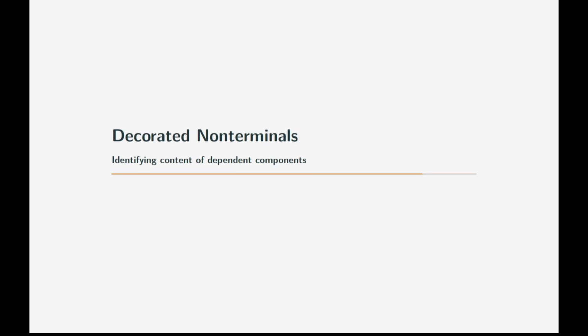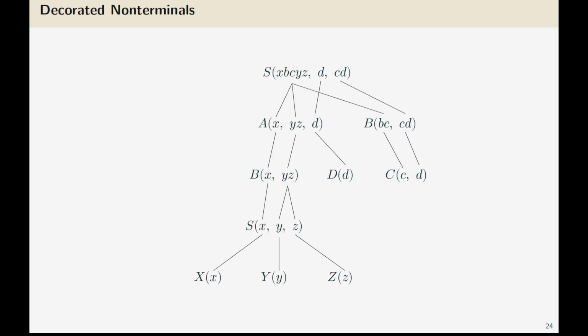Okay, so now we just need to figure out how to deal with these dependent components. And I'm going to show you next a very complicated derivation tree, but don't worry, we'll simplify it in just a second. So again, we start by identifying the fixed point of our embedding from the S to the S. Everything else from the S component at the bottom flows into the first component.